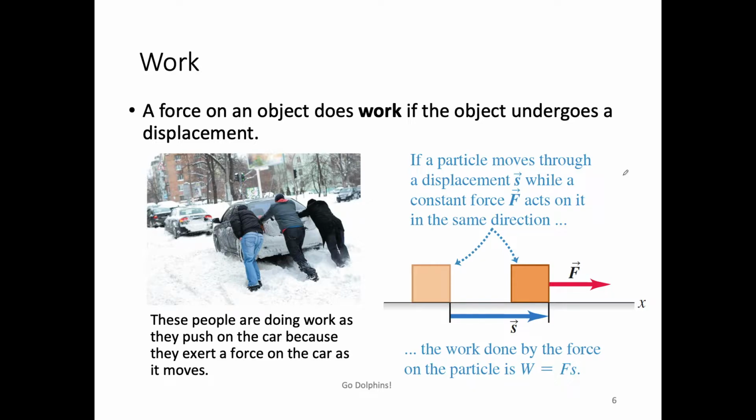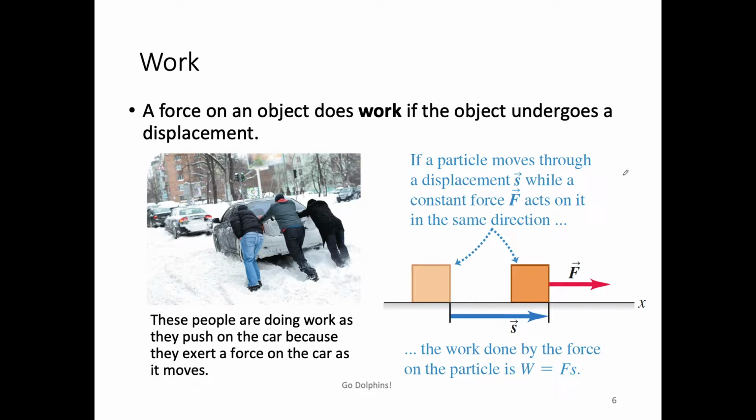Now work, if you want a non-zero work, we have to have two quantities that are not zero. So in vector description, you should have the dot product of F and S give you work. Now for us, let's simplify a little bit.